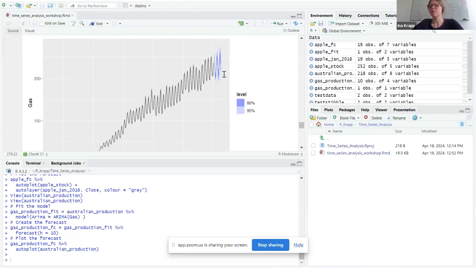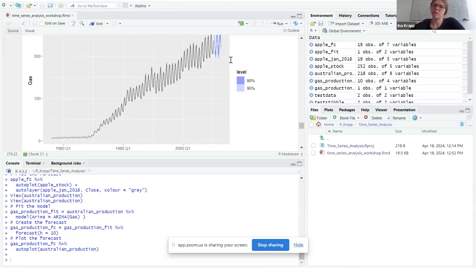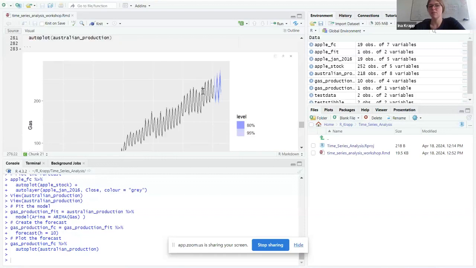It still has the confidence interval, but the confidence interval is no longer as broad as it used to be, and it also doesn't appear to increase much over time. What we can see here is that the model predicts that gas production will continue to increase. It also predicts that these fluctuations will continue as they did in the future.